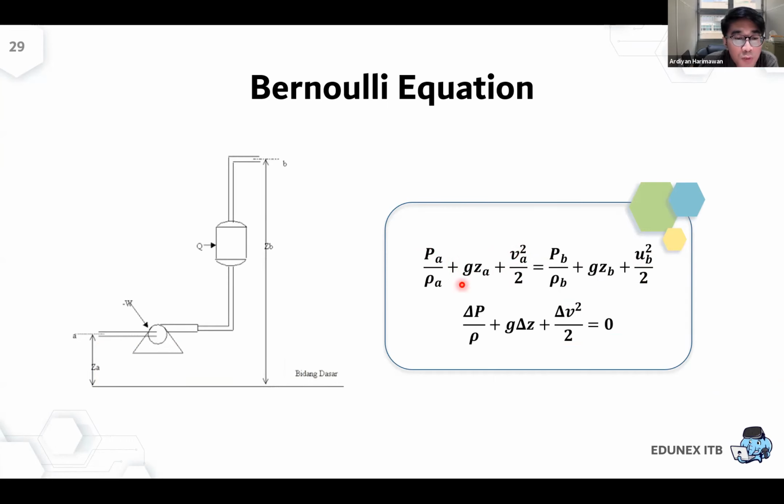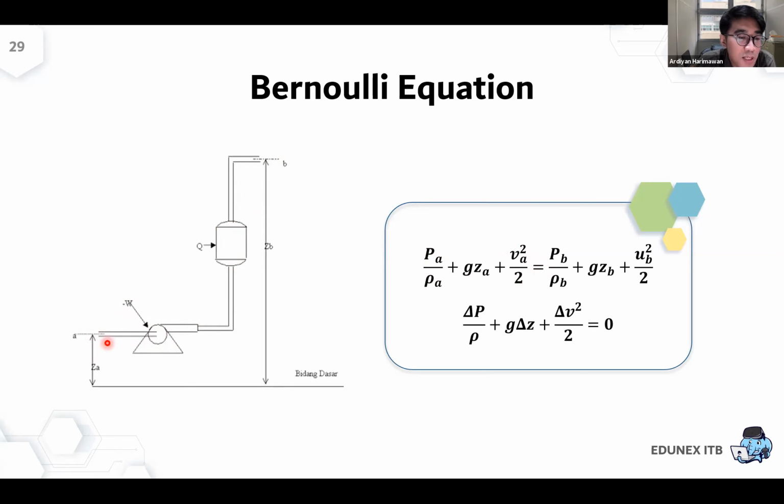So the Bernoulli equation is basically energy balance. In the Bernoulli equation, you compare any 2 points. For example, this is A and this is B. So you compare point A and point B. As long as the fluid is flowing along the pipeline, you do not need to consider what happened along the pipeline when you derive the Bernoulli equation.